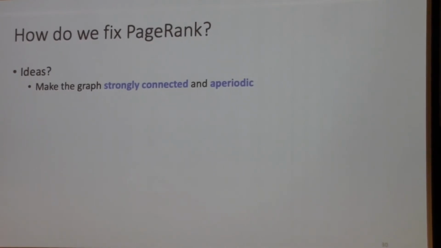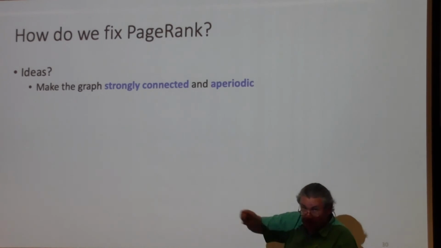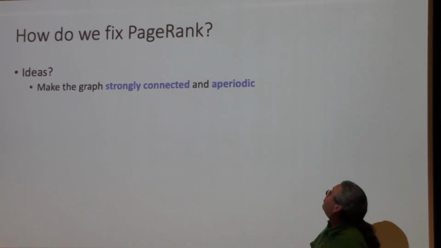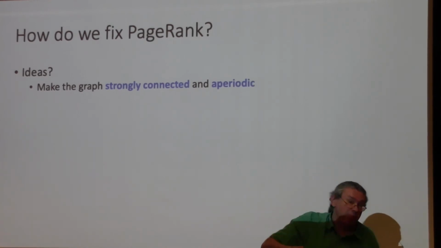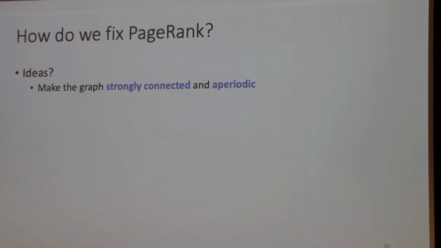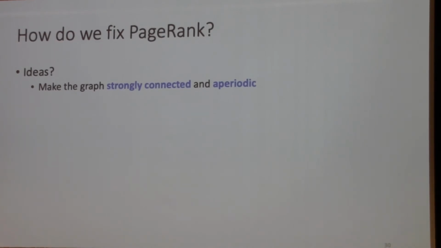Well, remember we saw there are two conditions. It has to be strongly connected and aperiodic. Probably there's no problem making it aperiodic. It's not like the whole web is a thing with everything cycling at the same frequency. But you do have to make it strongly connected.